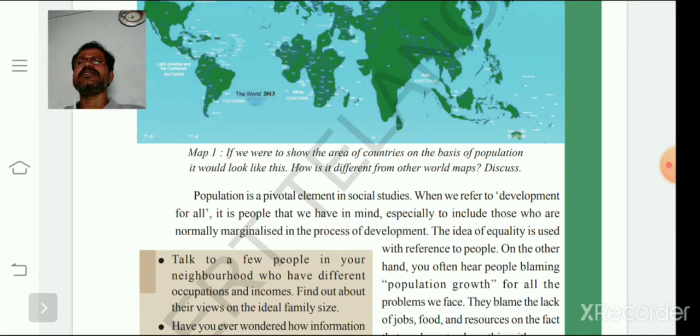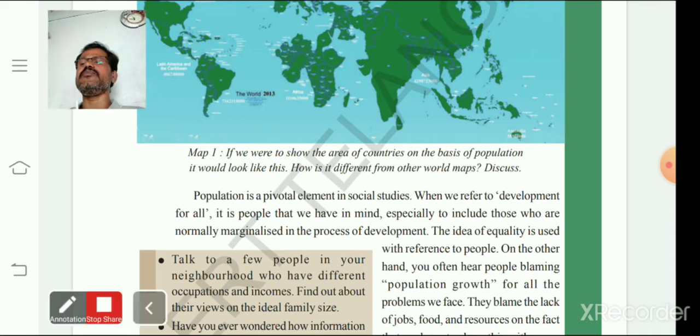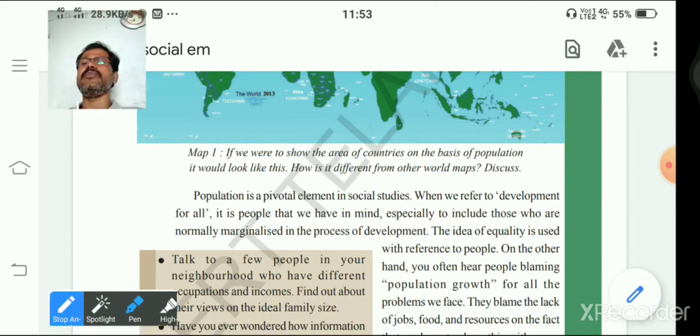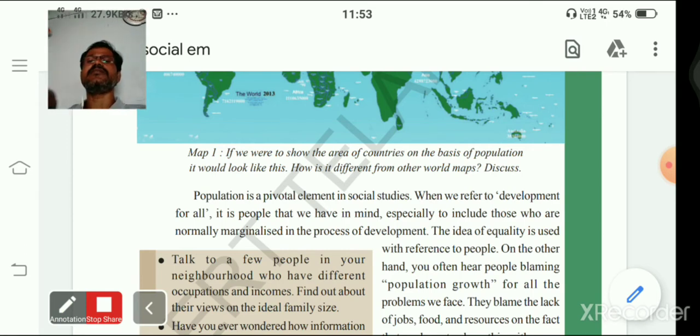So what is meant by developed nation? When we refer to the development of a nation, it means the people in that nation. It means all the people should get development equally, right?